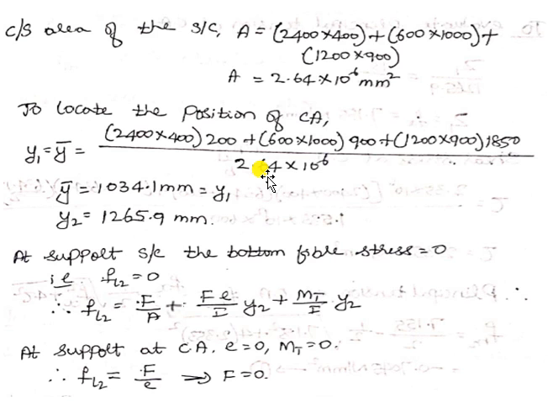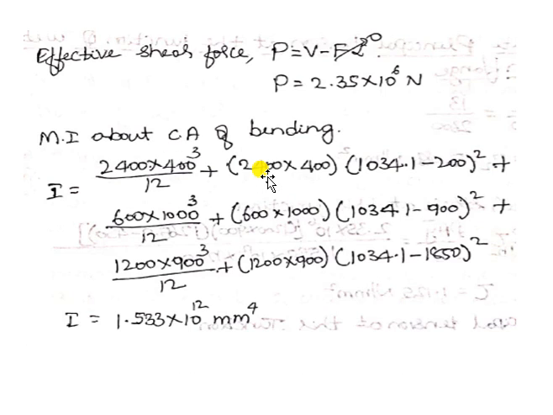So A is 2400 into 4 into Rx square. So Rx square means it is y bar minus y of the section. So y bar is the total centroidal distance of the section and 200 is the centroidal distance of a particular section. It is 200.